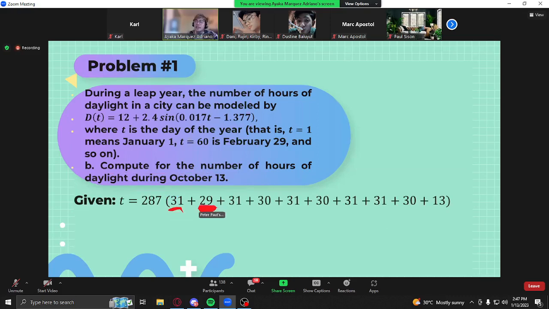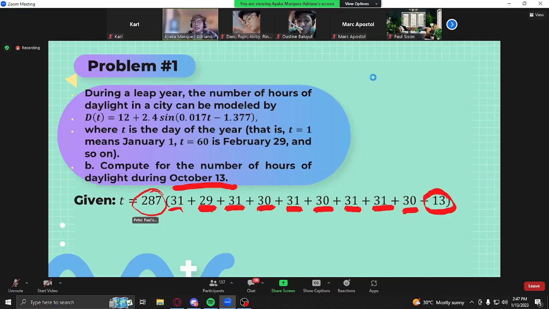February, leap year siya, so 29 days. March is 31, April is 30, May is 31, June is 30, 31, 31, 30, and meron tayong remaining na 13 days sa October. So kapag in-add natin lahat yan, ilan yung total?